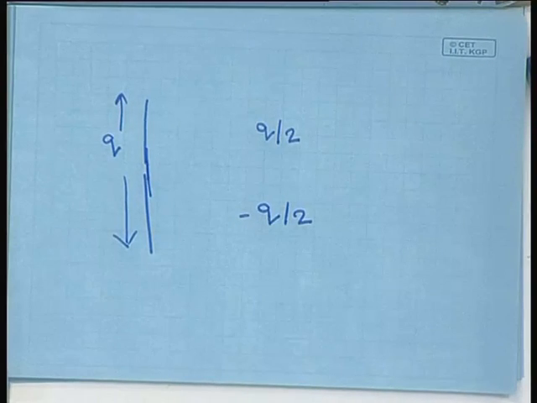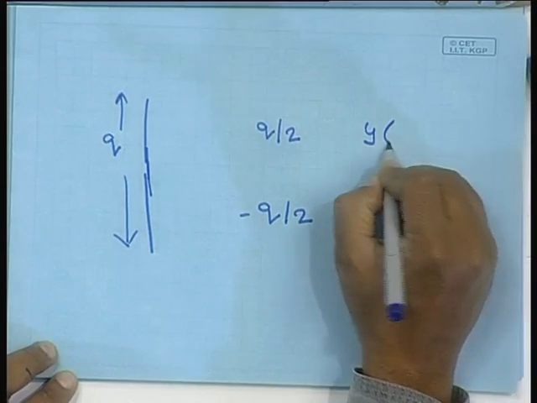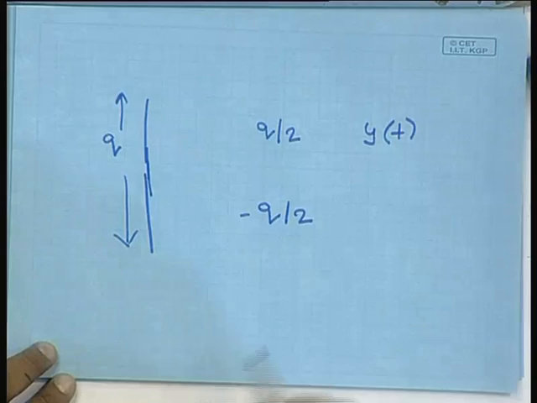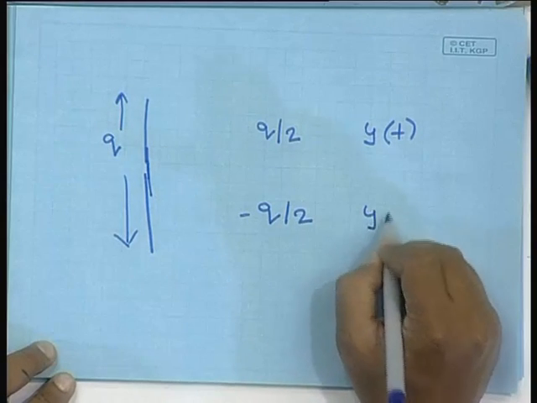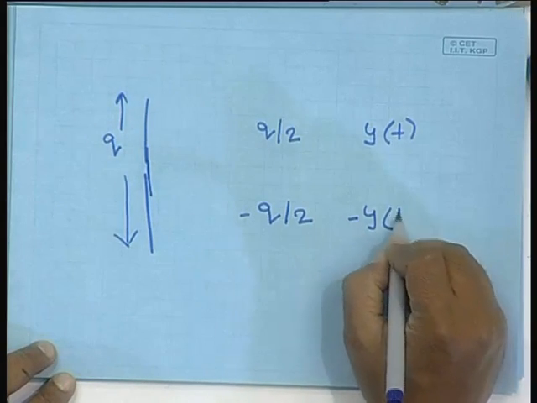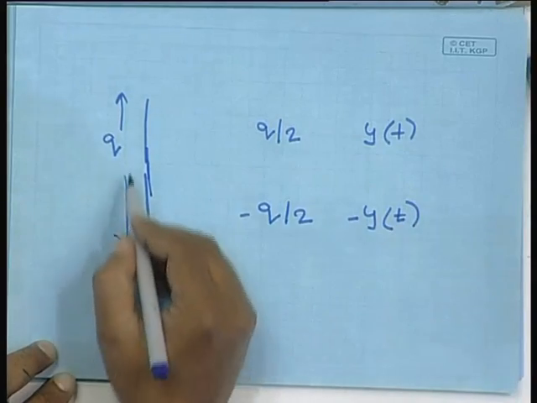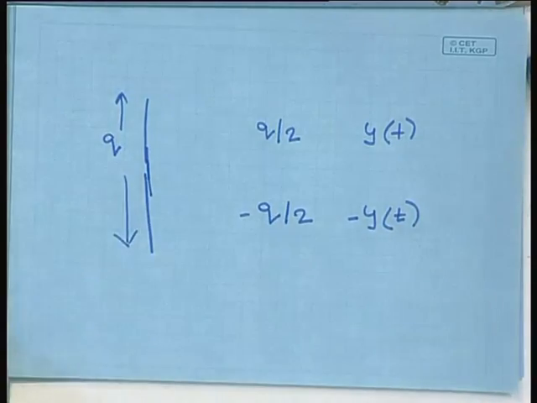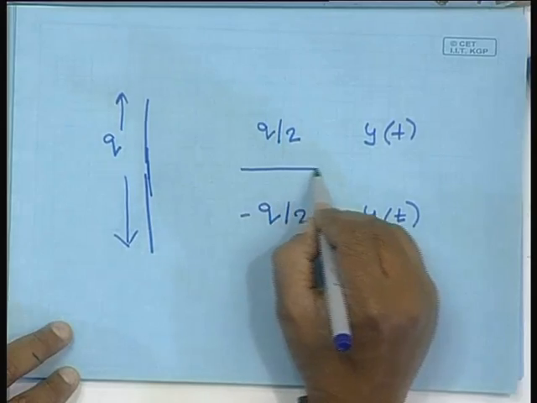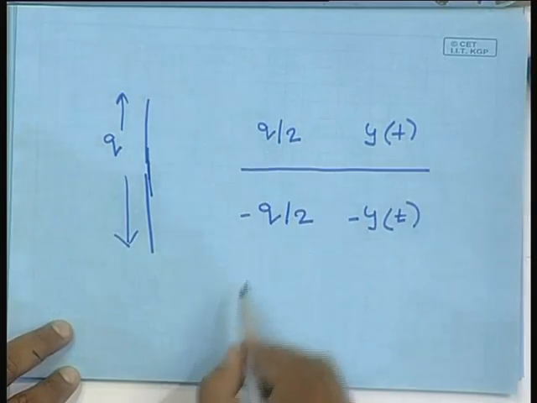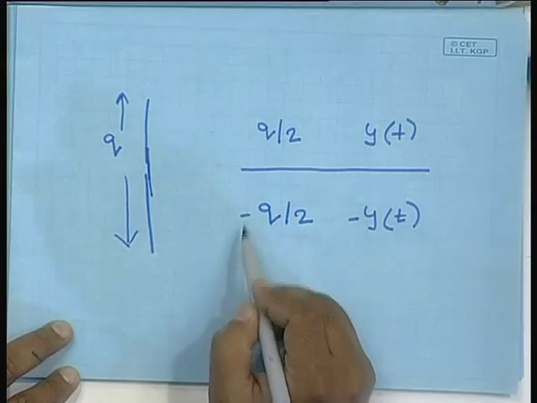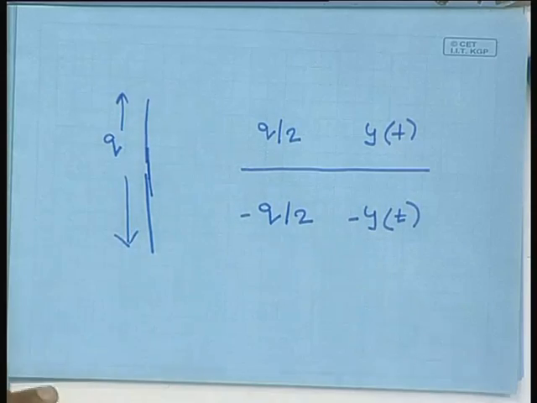and the charge q by 2 is doing this oscillation y of t which I just wrote down, and the charge minus q by 2 is doing exactly the opposite oscillation, minus y of t. So, a single charge moving up and down I can think of as two charges, one of magnitude q by 2, the other also of magnitude q by 2 with the opposite sign, doing exactly opposite oscillations.